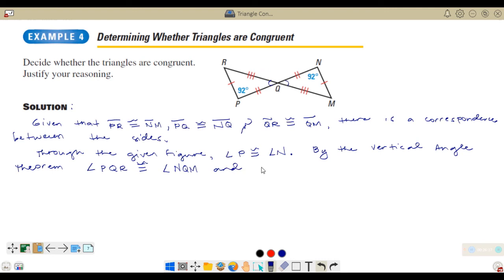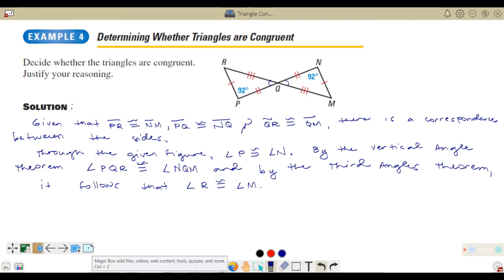And by the third angles theorem, it follows that angle R is congruent to angle M. Okay, ayan.